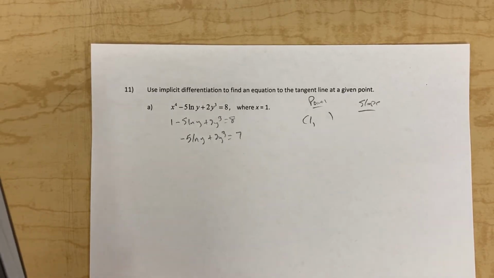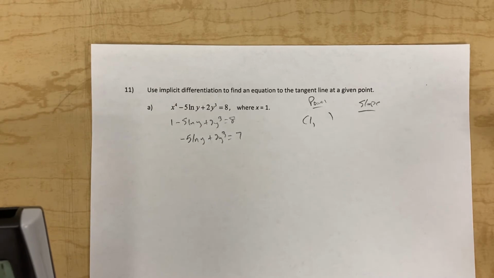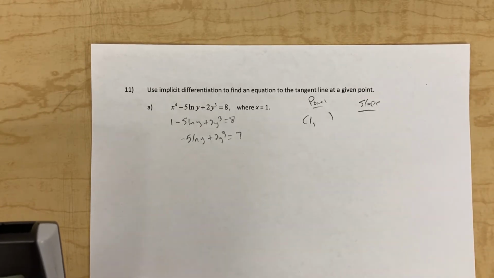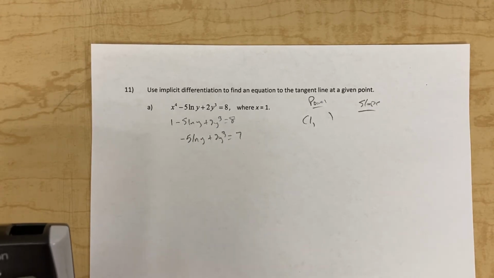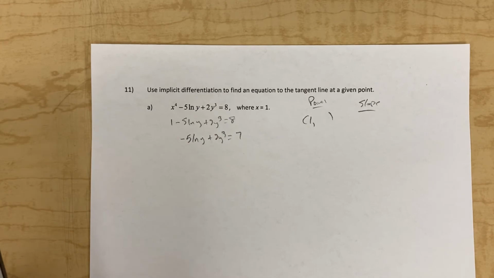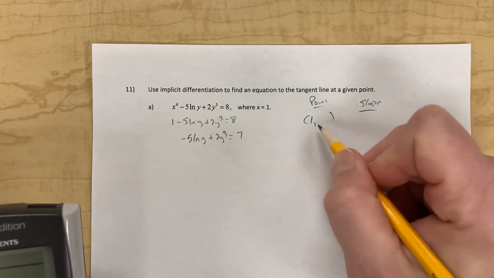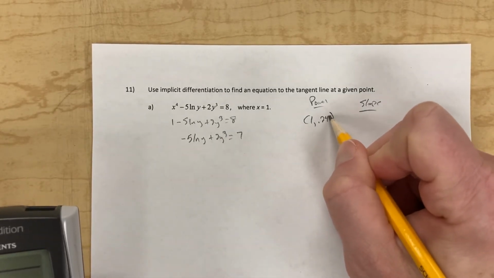Then put in a line at 7. I want to see where those intersect. So I hit graph, and once I have that, I'm going to hit intersect, enter, enter, enter, and I get an intersection at 0.248.